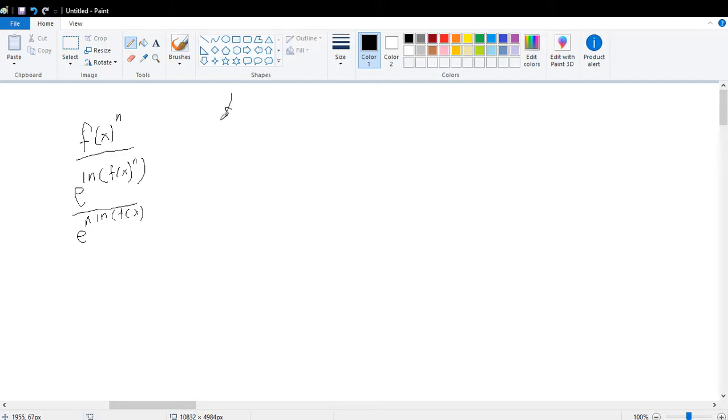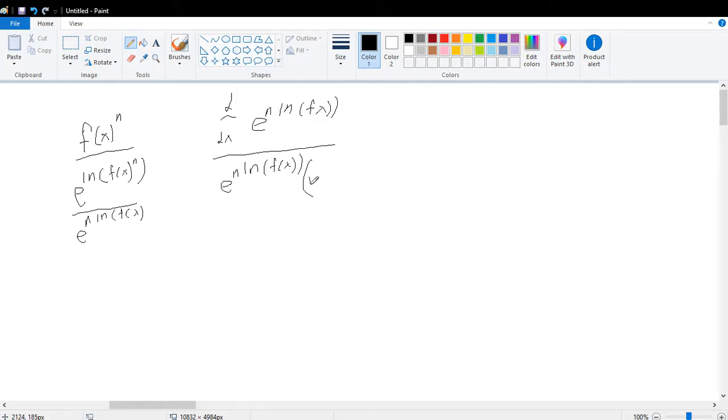Now the derivative of e to the n times the natural log of f of x follows the steps we did two times ago. So e to the n times ln of f of x times the quantity.